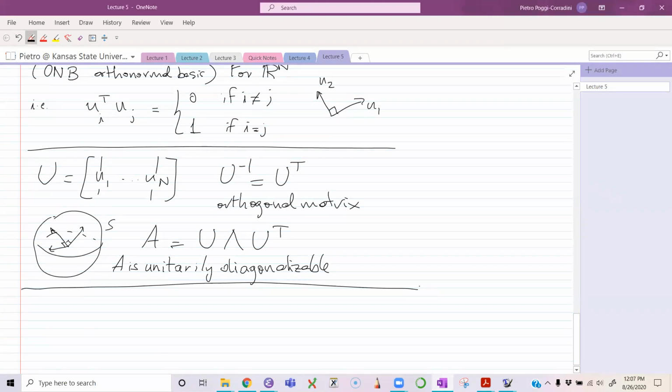That's the spectral theorem, and it's an extremely useful thing, with tons of applications. Oh, I forgot, there's a moreover part. Moreover, the eigenvalues lambda are real.